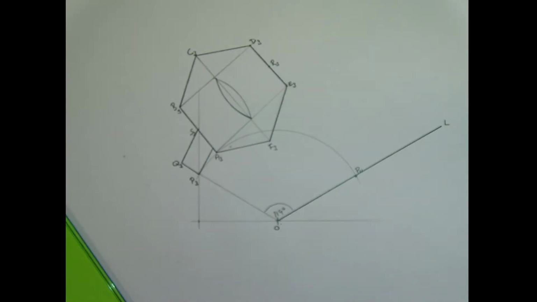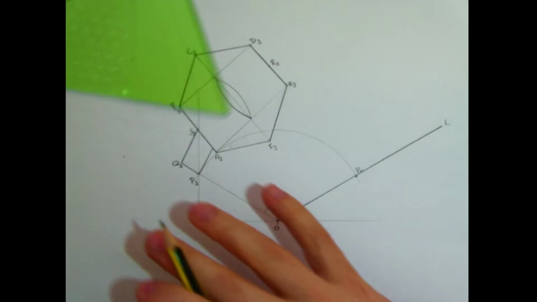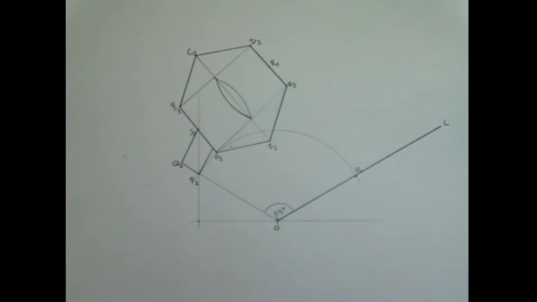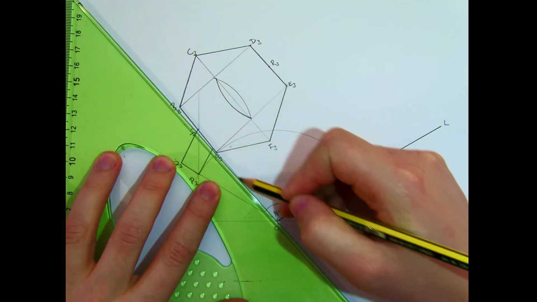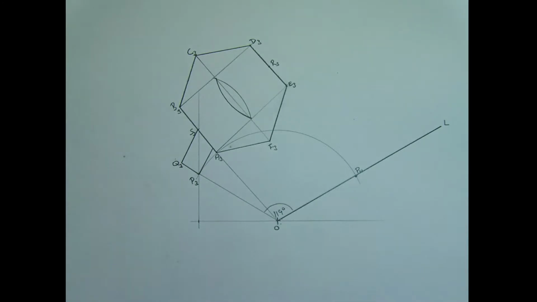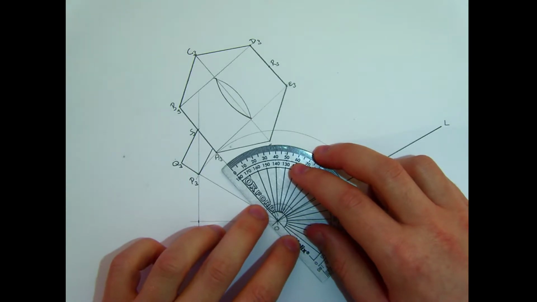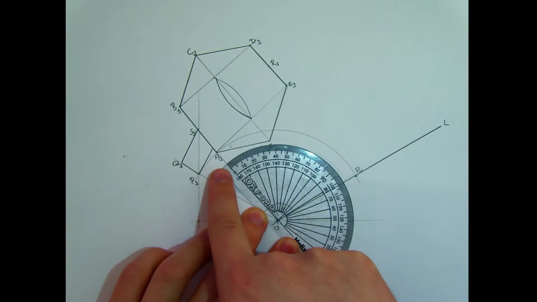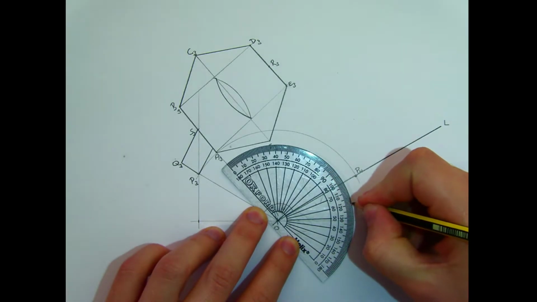Starting with our points, each point we're going to take individually. Point A, I'm going to join to the center of rotation. I'm going to measure an angle of 119 degrees along that line that I just joined to point O. From A, make sure O is lined up on it, center point is out here, and measure 119 degrees.